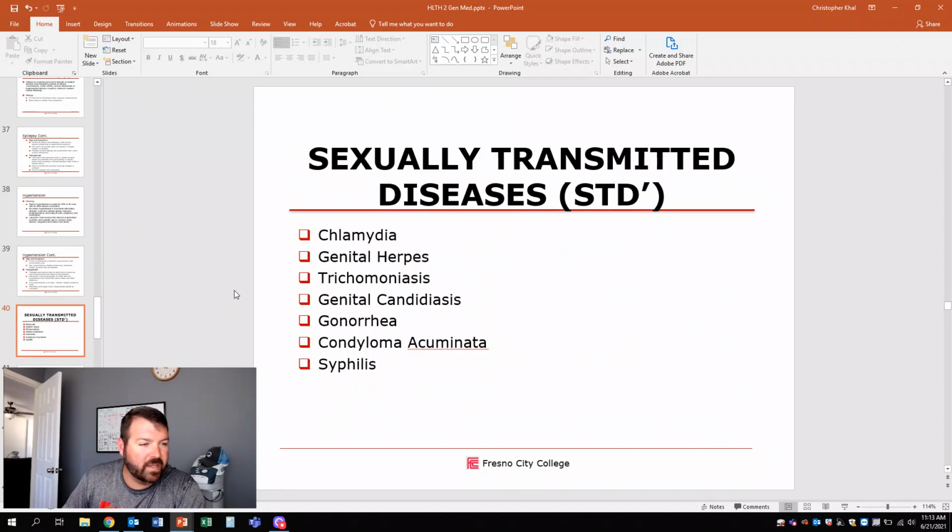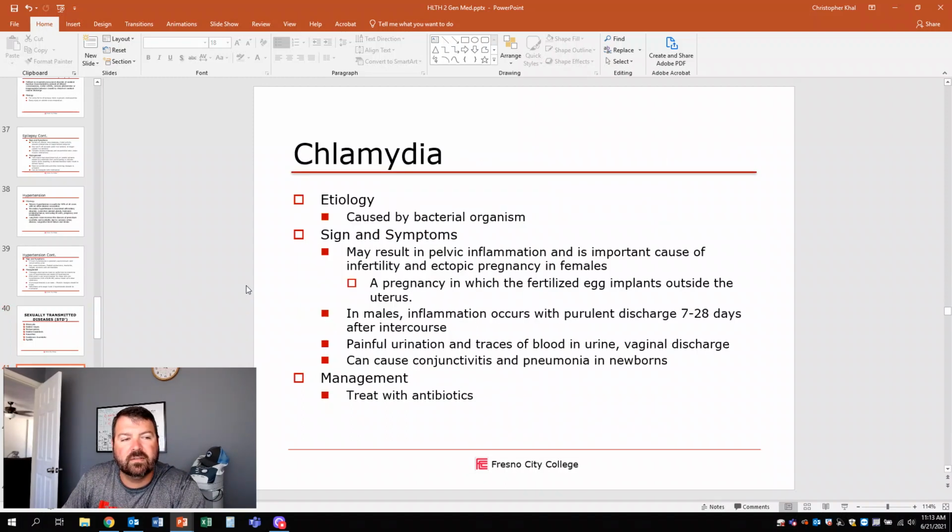All right, STDs. All right, chlamydia. Chlamydia is caused by a bacteria. Signs and symptoms may result in pelvic inflammation and is an important cause of infertility and ectopic pregnancy in females. So ectopic pregnancy is pregnancy that is not in the right spot.